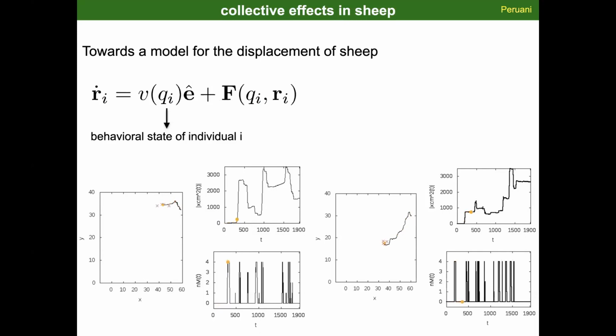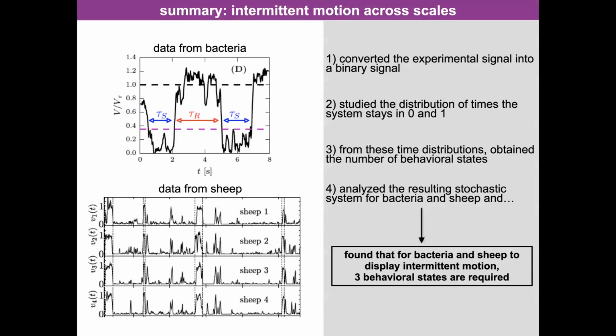All right, so with that what I want to summarize of this part at least is that the procedure I followed for E. coli and sheep was basically the same. We started from converting the experimental signal associated to the speed into a binary signal. Then we studied the time the binary signal was in 0 and was in 1.